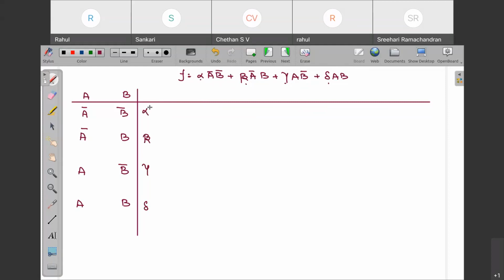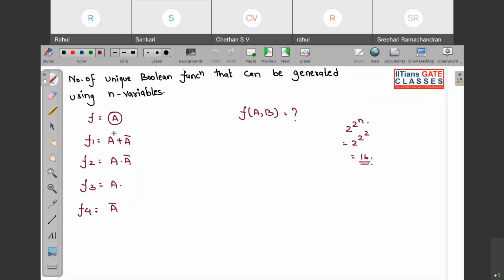Because alpha can be 0 or 1, beta can be 0 or 1, gamma can be 0 or 1, and delta can be 0 or 1. See, in the last example also, I have done this only. Here I would have written F is equal to alpha into A plus beta into A complement. Then alpha beta could have been 0 0, 0 1, 1 0, and 1 1.